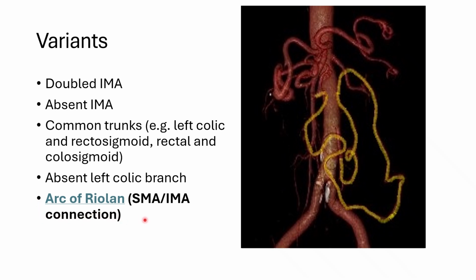That is the anastomosis, or connection, between the superior mesenteric artery and inferior mesenteric artery. So we can see in this image, the yellow color denotes the arc of Riolan, or connection between the superior and inferior mesenteric artery.